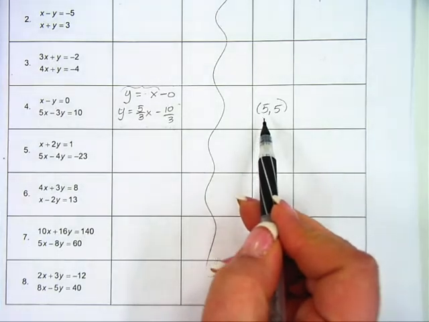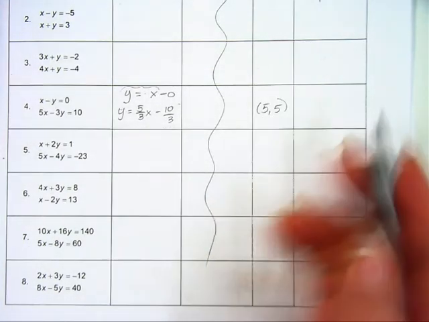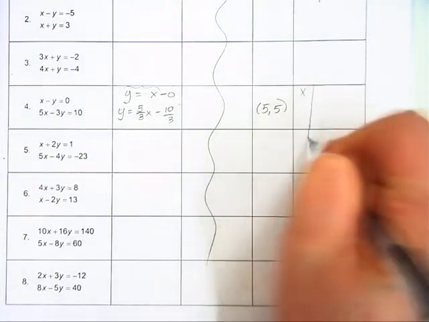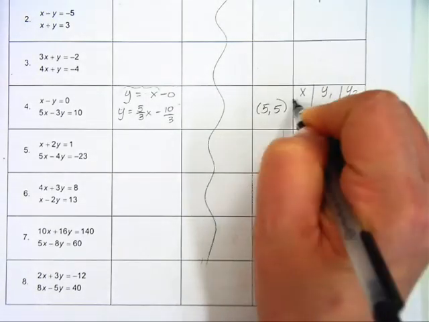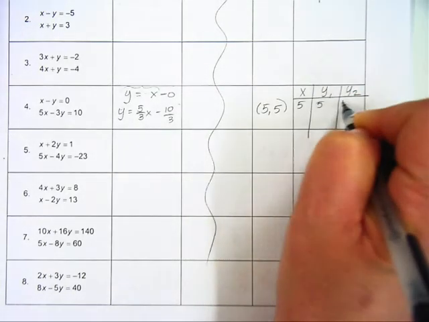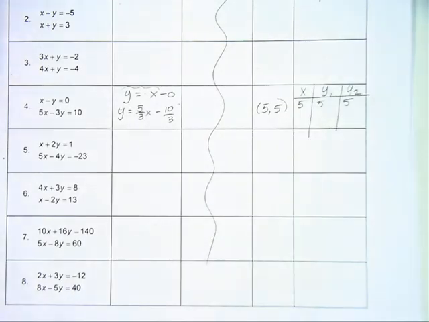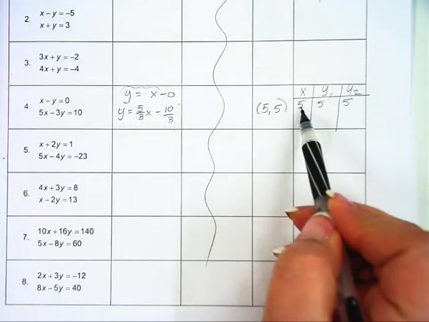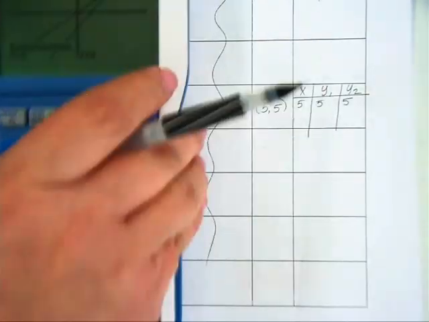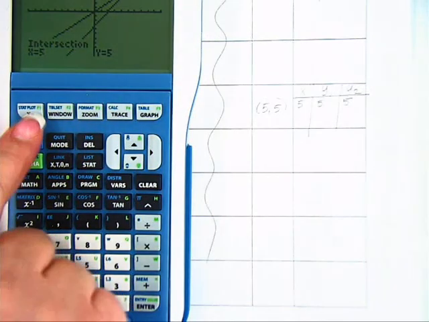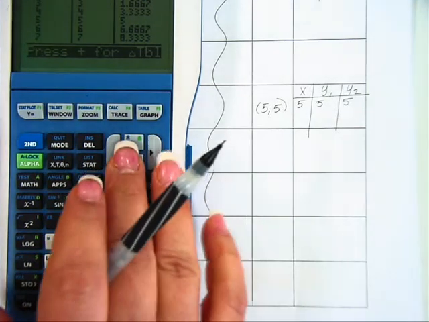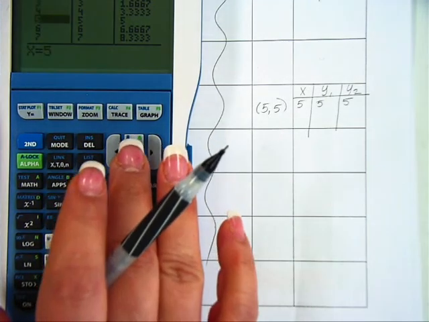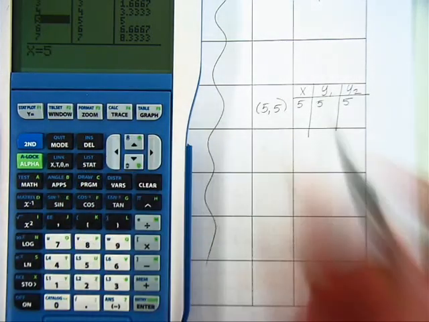Now that does not mean that the x and the y have to be equal. When you go to your table, you get this point again where all three numbers are the same, but realize this one can be different. Okay, now go to your table and get 2 more points from that table. So you say second table, and you're going to find that 5, 5, 5 point, and then take one above it, one below it.